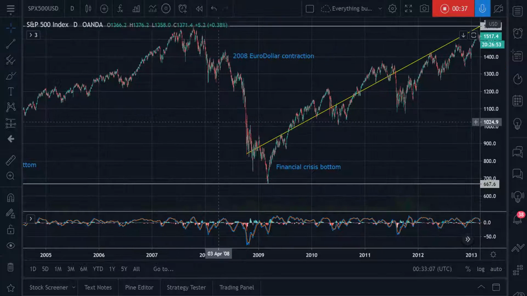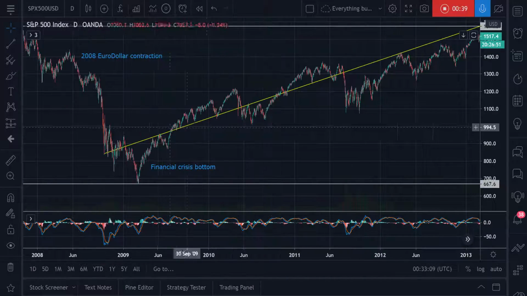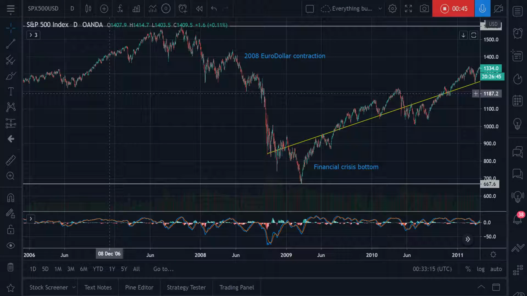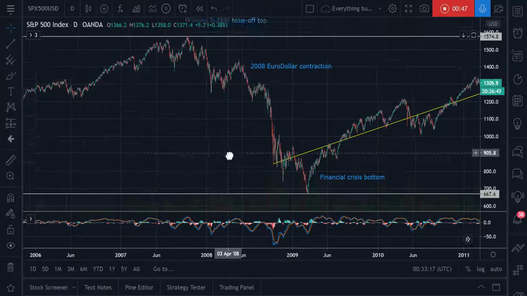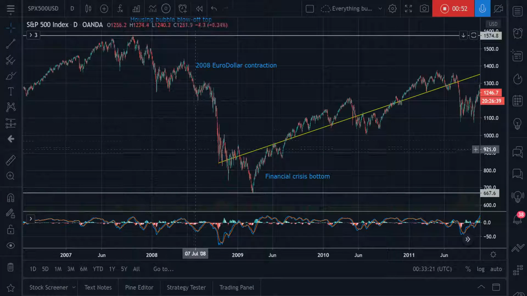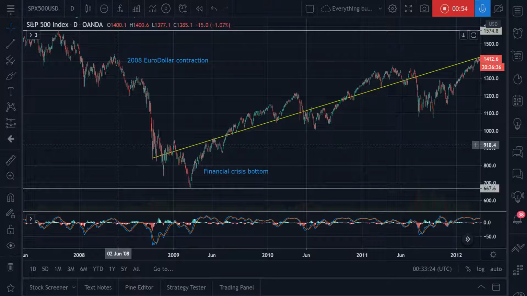So when we're looking at drawdowns in a bear market, really the only example that we have on the S&P is the backside of the housing bubble. So we have two contractions in a row here at the bottom of the financial crisis, right?